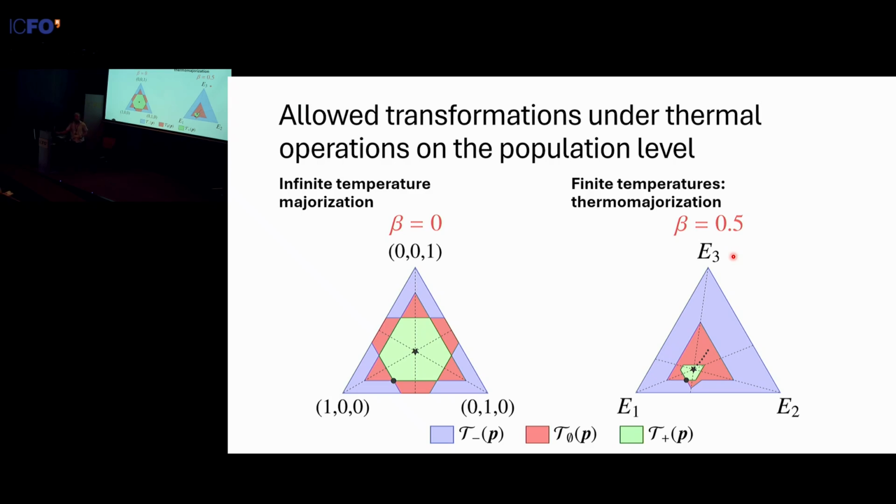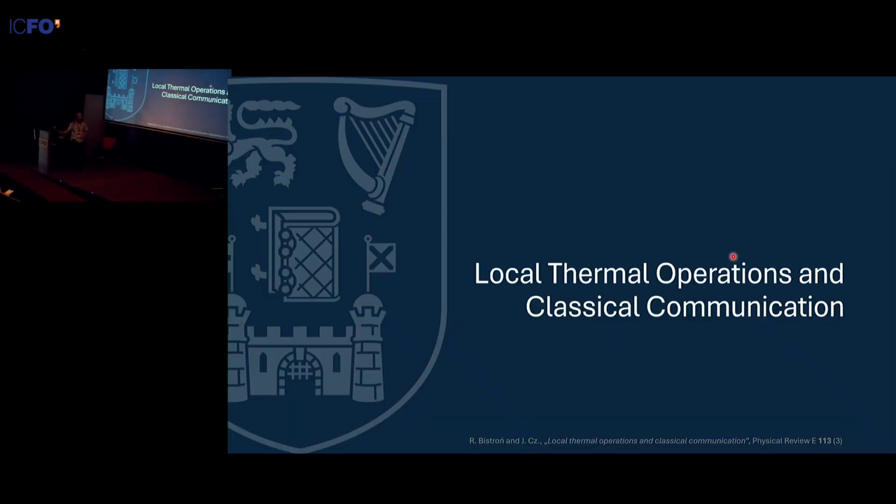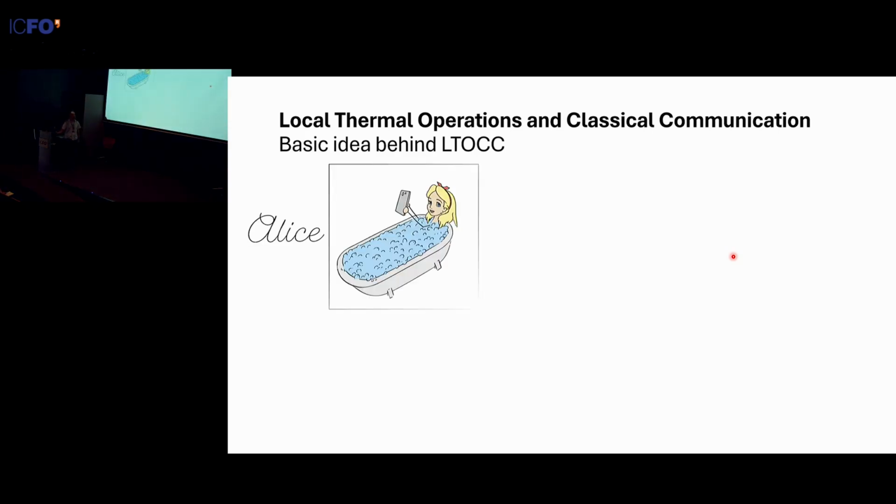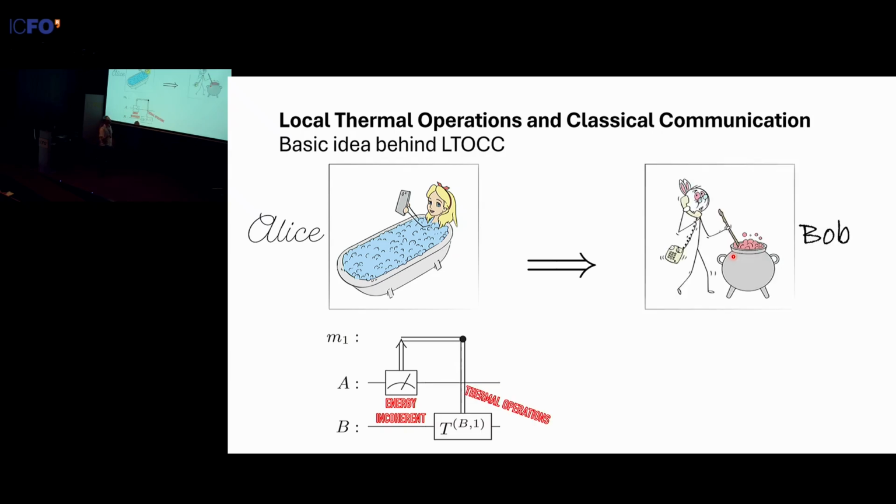With this little introduction to the tools, we can go to the first part based on work with Rafał Bistroń on local thermal operations and classical communications. And instead of giving expressions, we will think about it quite pictorially. That is with Alice, first measuring her system, and importantly, in order to keep on average the thermal equilibrium, the measurement needs to be energy incoherent, and the results of which are forwarded to Bob, who happens to be a bunny with access to thermal operations.